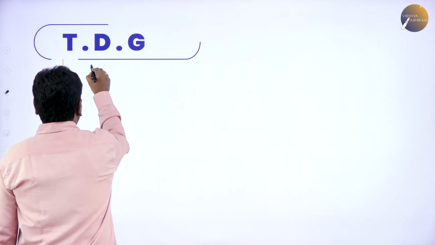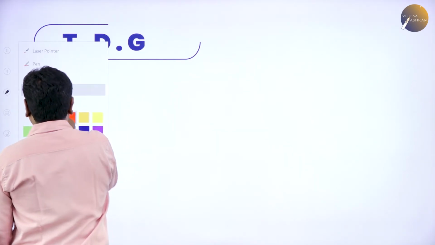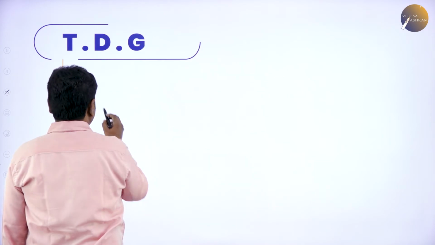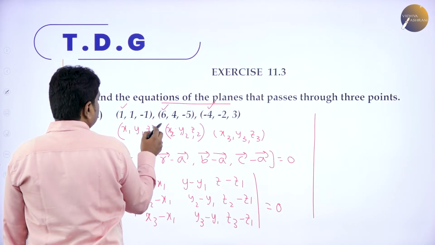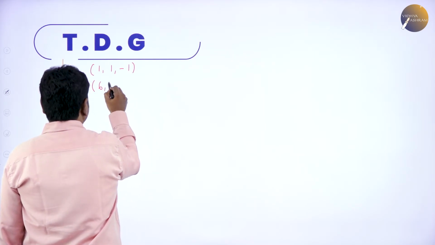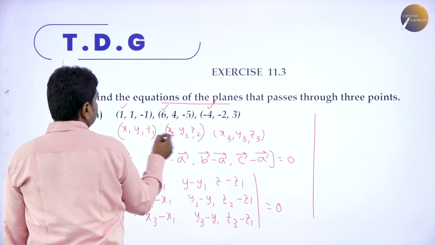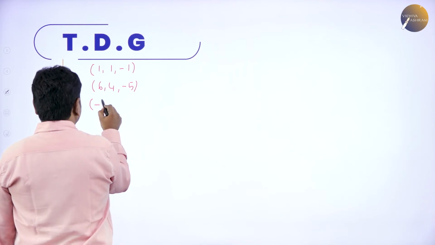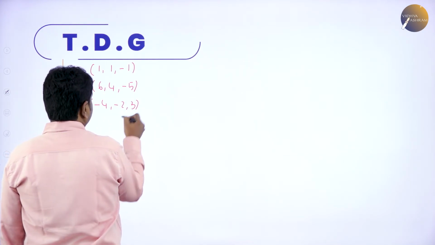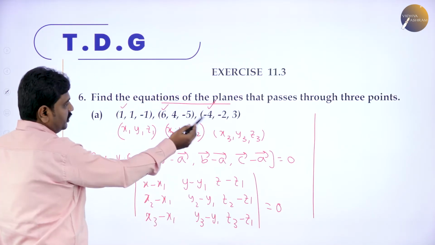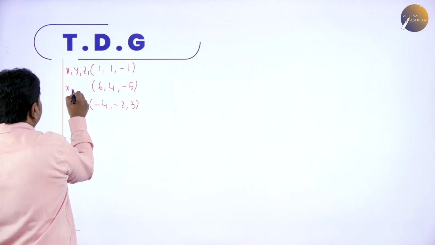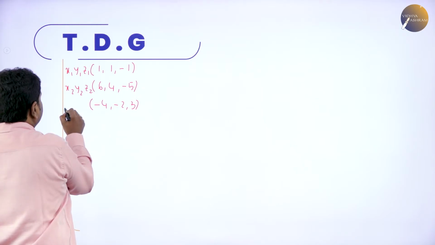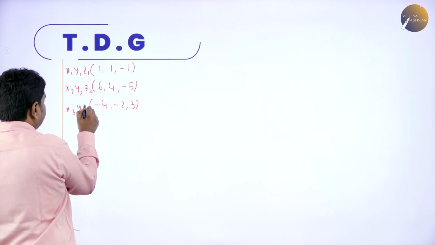So here I'll write in order: 1, 1, minus 1; 6, 4, minus 5; then minus 4, minus 2, 3. So we wrote this, and this is x1 y1 z1, this is x2 y2 z2, this is x3 y3 z3.